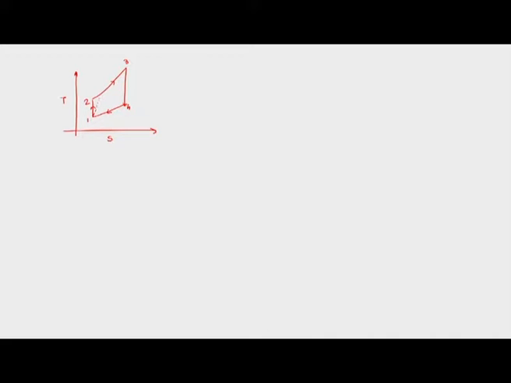In the non-ideal case, 2 becomes 2 dash and 4 becomes 4 dash. WC is the compressor work, which is Cp into T2 minus T1, and WT is the turbine work, which is Cp into T3 minus T4.